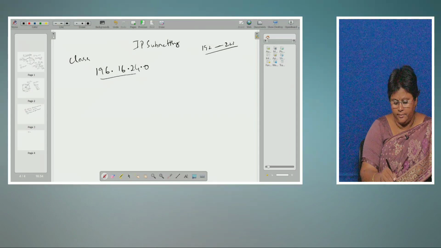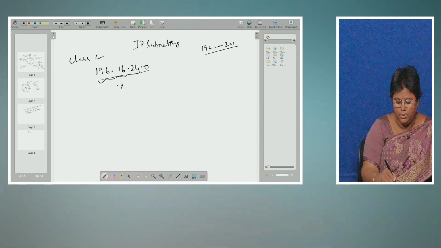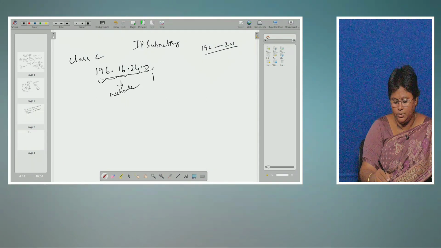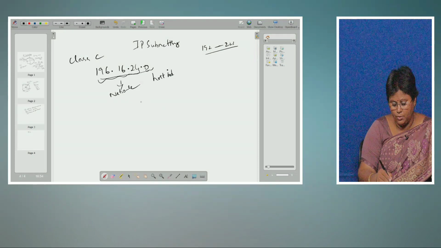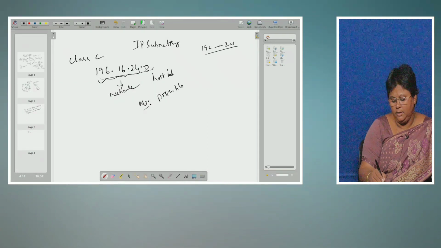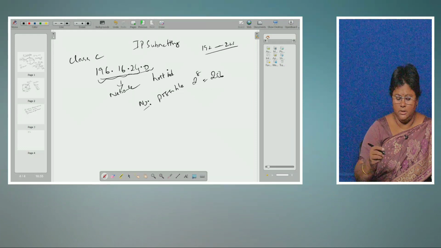Let us take this network. If you take a class C address, the first three octets come to network ID, and the last octet belongs to host ID. So the number of possible hosts in this network is 2 raised to power 8, that is 256.